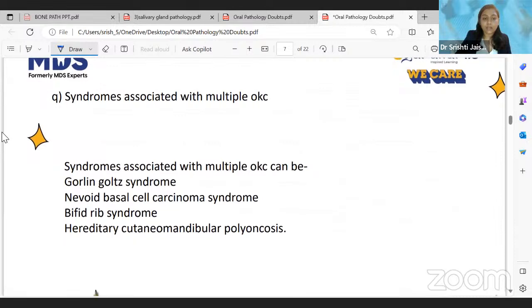And the children are called cherubs. Now, syndromes associated with multiple OKC. You have to remember all the syndromes associated with multiple OKC. You cannot miss out on any one of them.